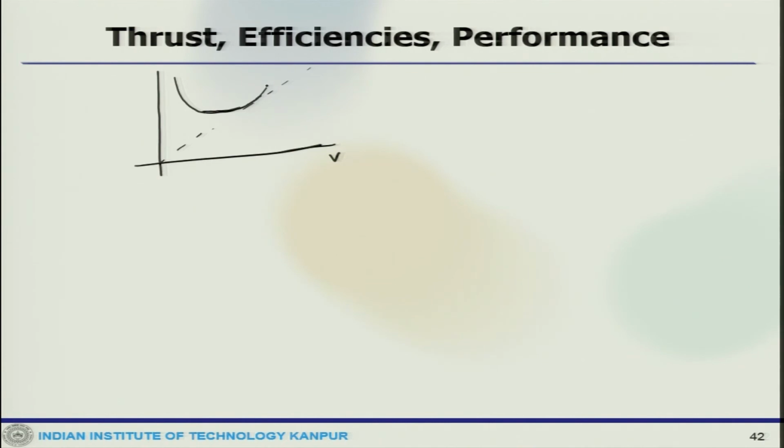So this will go like that. So this is power required minimum, CL by CD max, and this is the slope of P required by V, which is V by D.